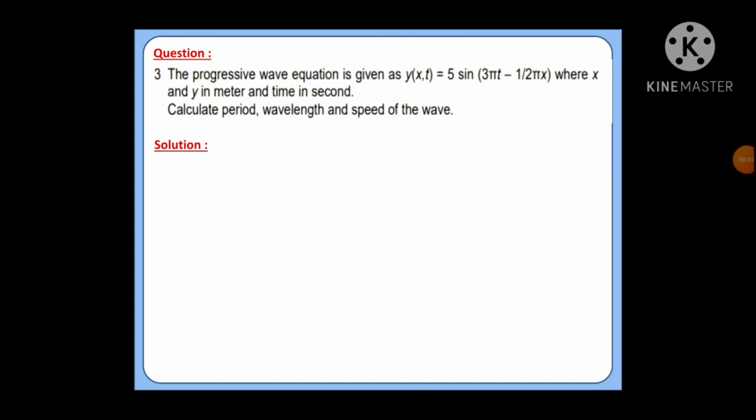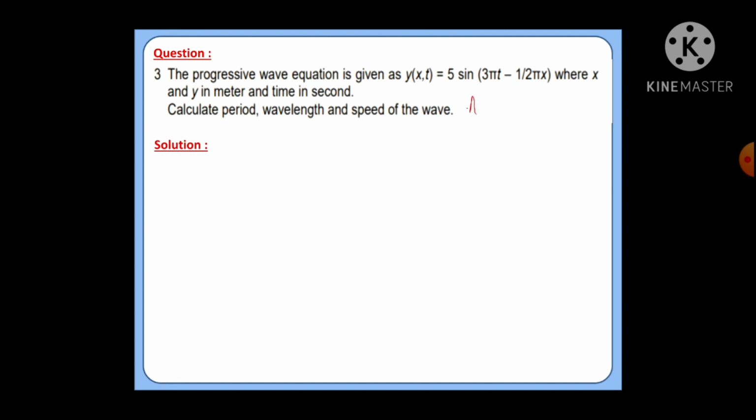Question number 3. The progressive wave equation is given as y in terms of x and t equal to 5 sine (3 pi t minus half pi x), where x and y are in meter and time is in second. We need to calculate the period, wavelength, and speed of this wave. As usual, when we have the wave equation, we can identify some information from it.